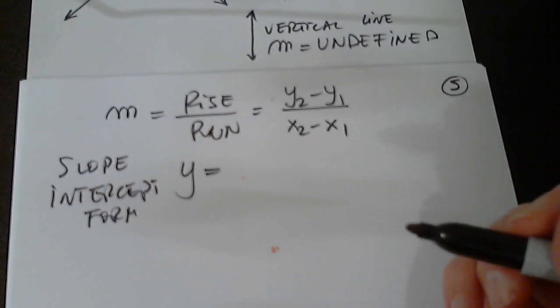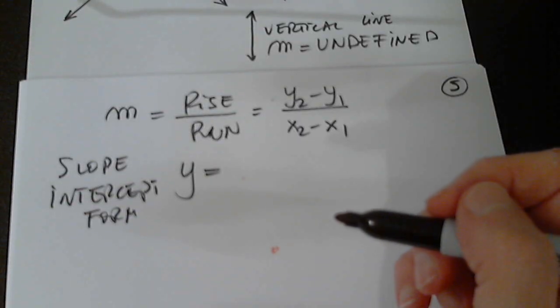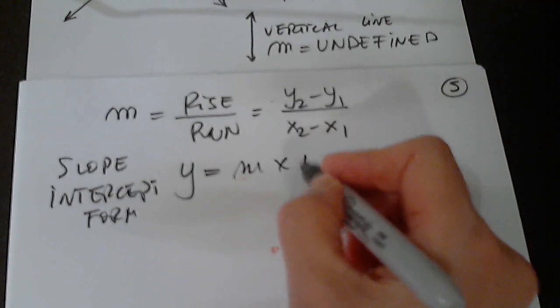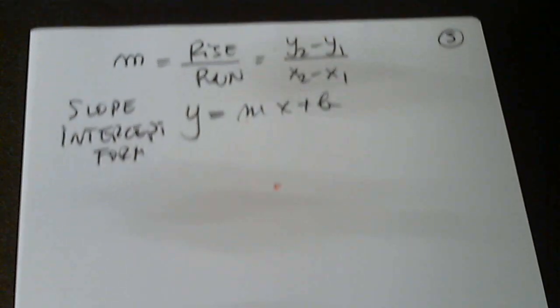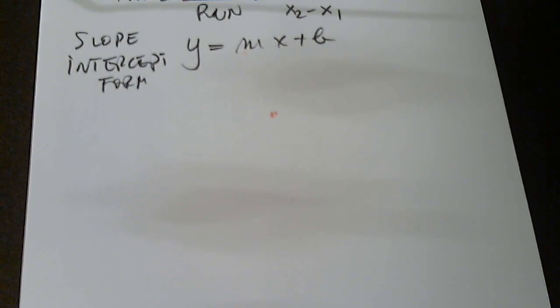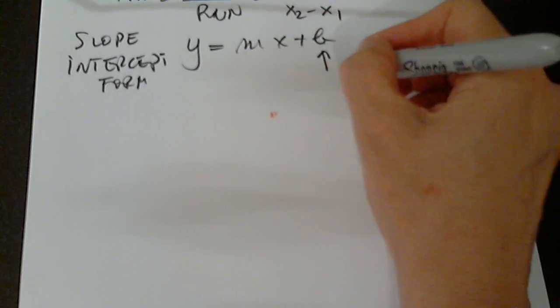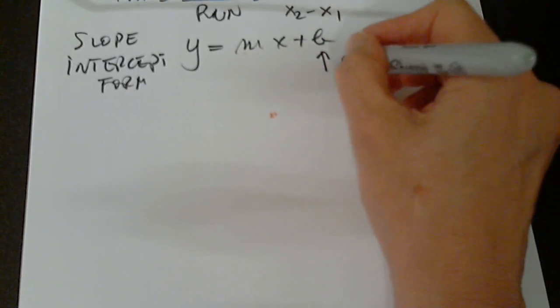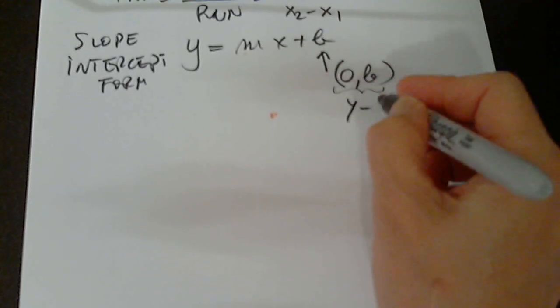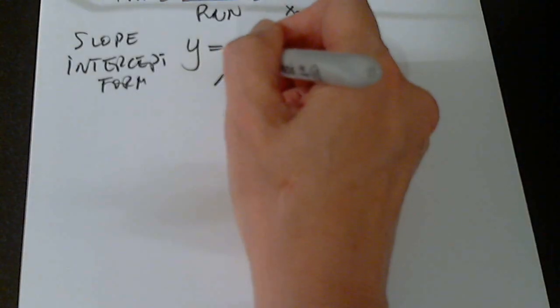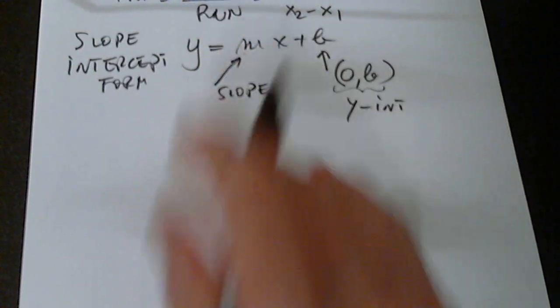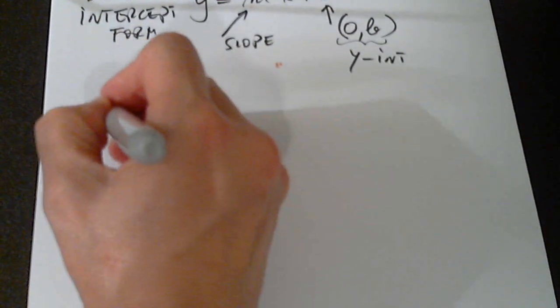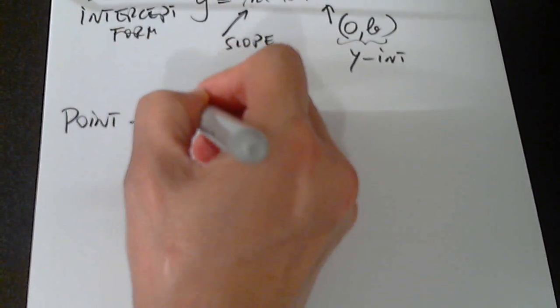Excellent. y equals? mx plus b. Excellent. Brilliant. Thank you so much. Perfect. And there is one more. So this requires us to have 0, comma, a number. This is the y-intercept. And this, as we know, is the slope. And there is one more, which is the point slope form.